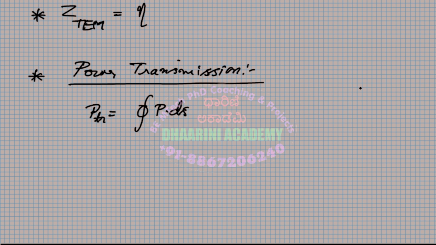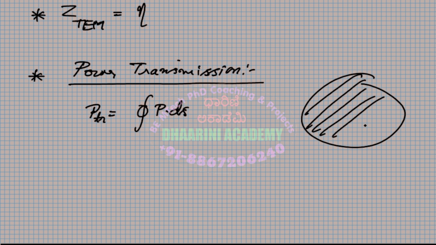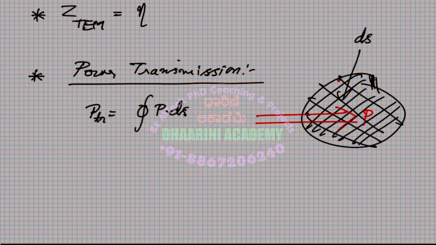I have a surface area like this, and this is a ds. Assume that this is the cross-sectional area of a certain waveguide. It's not rectangular, it is some other shape. If this area is ds, and the amount of power that propagates here is P, I am supposed to take the dot product and perform a closed integral over this surface.